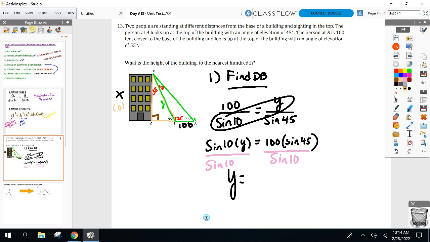We are not rounding this. It's going to be correct. Are we getting like 407 and change?